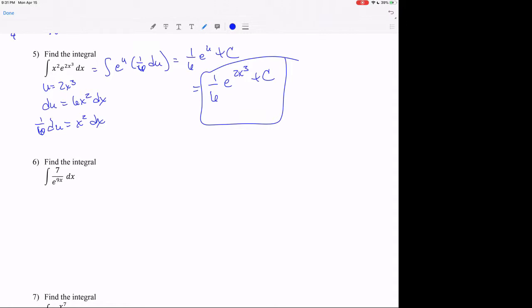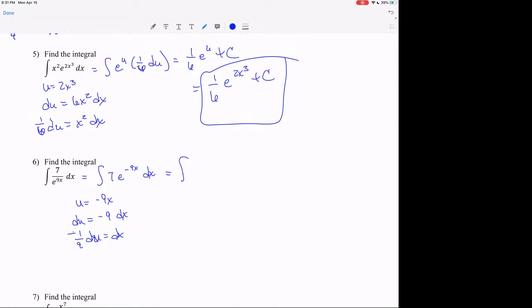Right? Now, for this one, we want to rewrite it first. So we get 7e to the negative 9x dx. So then u equals negative 9x. So then du equals negative 9 dx. So then negative 1/9 du equals dx.